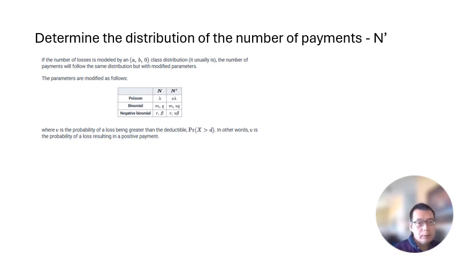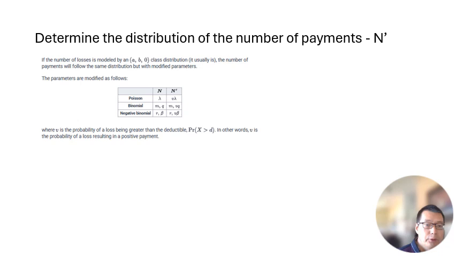Now let's talk about determination of the distribution of the number of payments M prime. So if the number of losses is modeled by an (a,b,0) class distribution, and it usually is, the number of payments will follow the same distribution but with modified parameters. The parameters are modified as follows. If N is Poisson with lambda, then M prime will be V lambda.